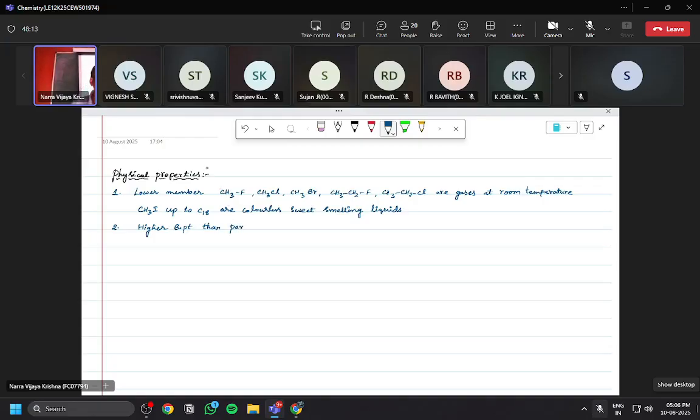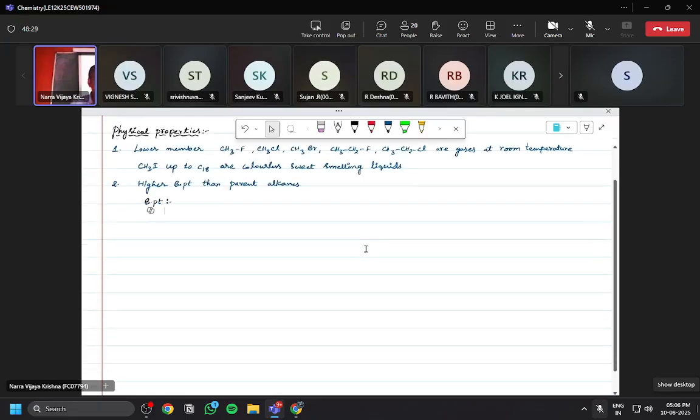This means methyl fluoride has a boiling point higher than methane, the parent alkane. In the boiling point order, the heavier molecular weight compounds, the iodides, come first. If they have the same number of carbons, meaning the carbon chain length is the same, then the corresponding alkyl iodides' boiling point is greater than bromides, greater than chlorides, greater than fluorides. Reason? Molecular weight.